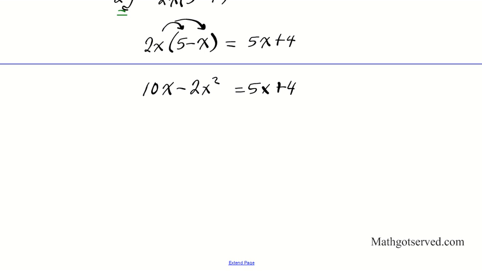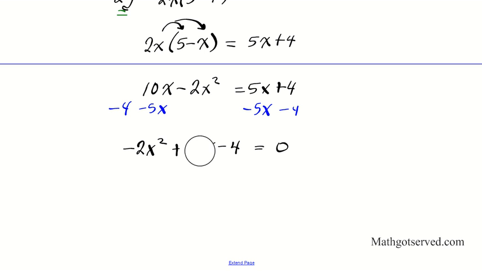So I'll subtract 5x from both sides, and then subtract 4 also. In standard form, I'm going to have negative 2x squared plus 5x minus 4 equals 0. I'm changing the middle sign; it's supposed to be plus 5x.